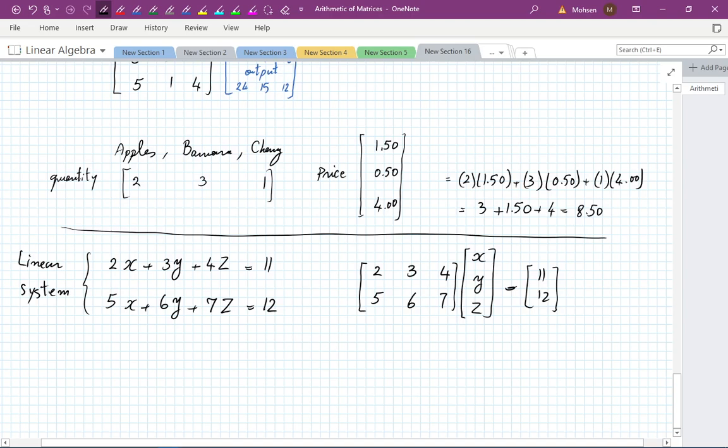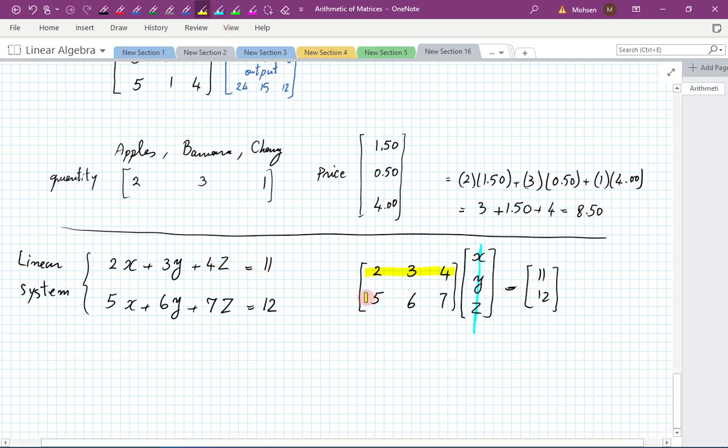Now we are writing the entire thing in matrix notation with a matrix multiplication. So if you take the first row and multiply by the column here, this column is now our variables, unknown quantities x, y, z. What are you going to get? You get 2x plus 3y plus 4z, and that's exactly what this is. Well, 11 is on the right hand side.